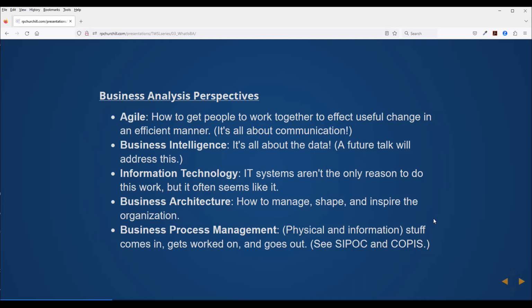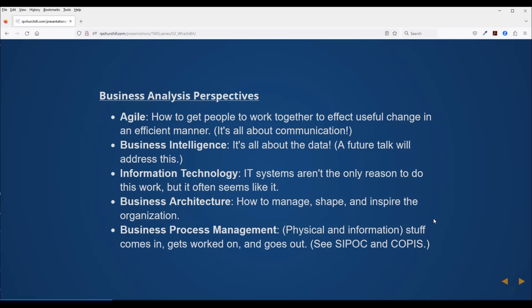And me coming out of process simulation of various kinds, I really approach this largely from the perspective of business process management. Physical and information stuff comes in, it gets worked on, and it goes out.